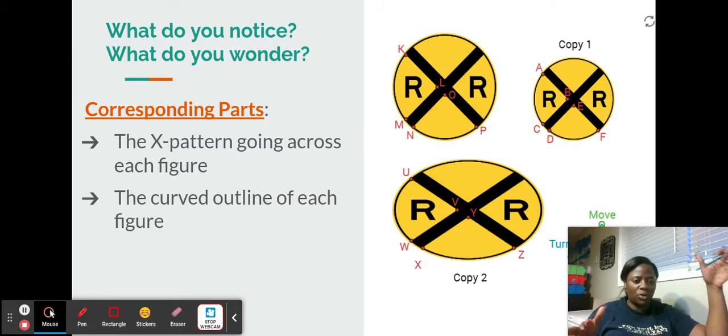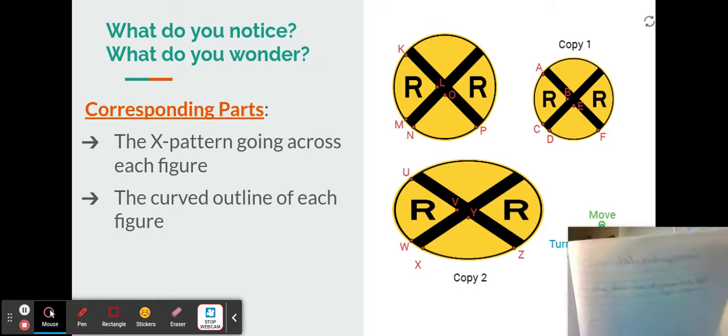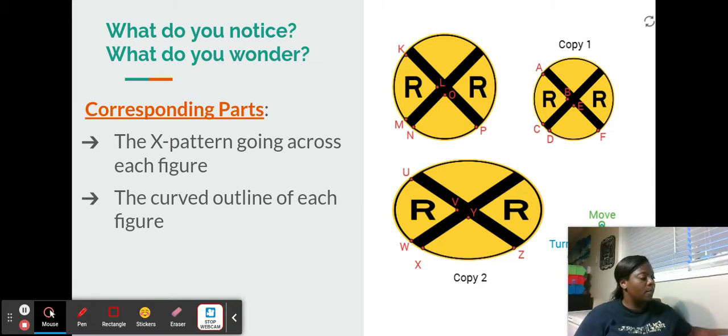You can choose to write that definition down like I have, or you can put whatever you need on your paper for you to understand what corresponding parts means. It can be as simple as: a corresponding part is the same position on another figure, which is true.